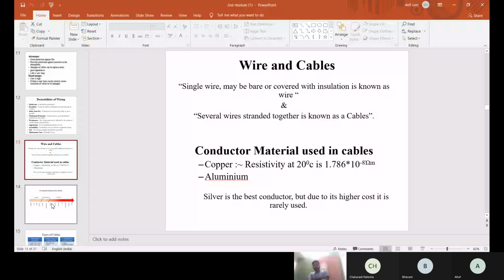But for our wiring system, we use only copper and aluminum. Silver and gold are the best conductors, but due to higher cost they are rarely used. Only in some electronic goods do they use silver and gold, but in our day-to-day wiring system, for home wiring, we don't use them anywhere.